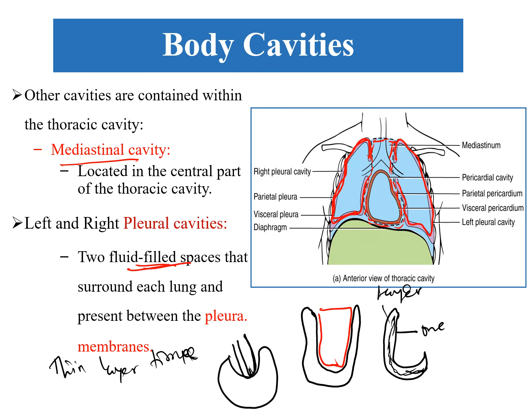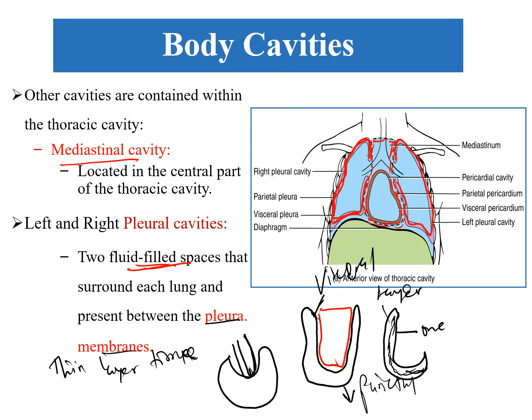The membrane that is surrounding the lungs and also surrounding the inner aspect of the thorax is known as the pleural membranes. If you remember from the previous slides, I mentioned that the layer of the membrane that is closer to the organ is known as the visceral layer, and the membrane that is closer to the wall, that is lining the inside of the wall, is known as the parietal layer.